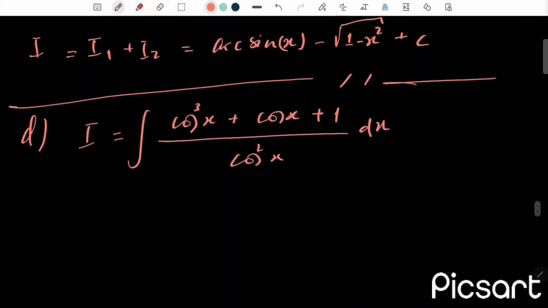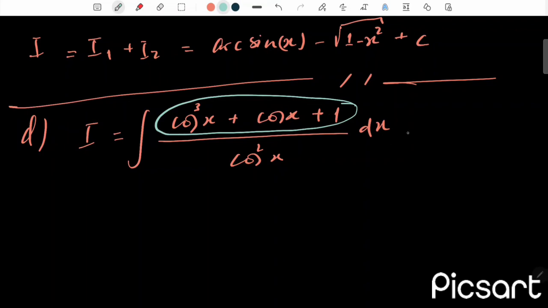Now we again observe that the numerator of this integral can be written as a sum of three terms. The first is cos cubed x, the second one is cos of x, and the last one is 1.